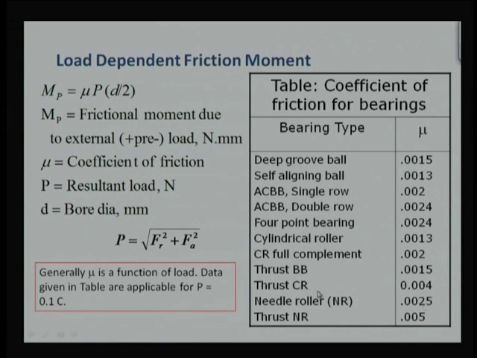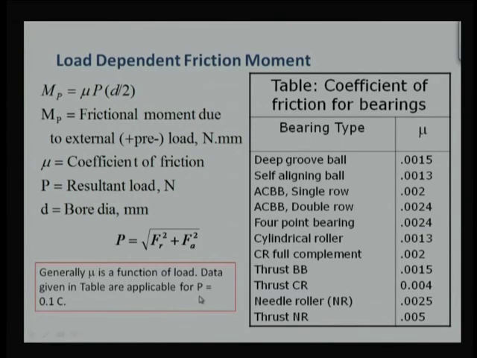Whenever we talk about thrust bearings, they generally have a higher coefficient of friction compared to radial bearings. That is a key factor. Wherever we find a thrust bearing, we find that the coefficient of friction is more than the radial bearing. We can use this data when the applied load is just 10%, because these data have been generated for a load of 10% of the dynamic capacity, that is, when the applied resultant or equivalent load is almost 10% of the dynamic load.